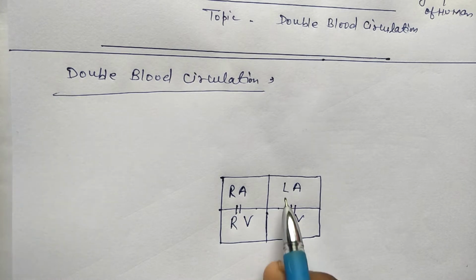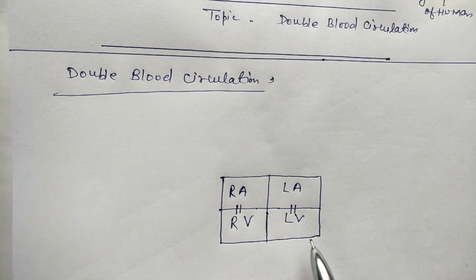This septum separates the auricles and ventricles.